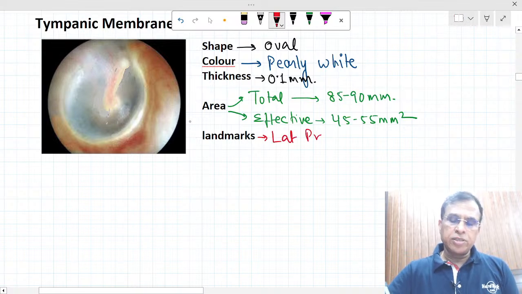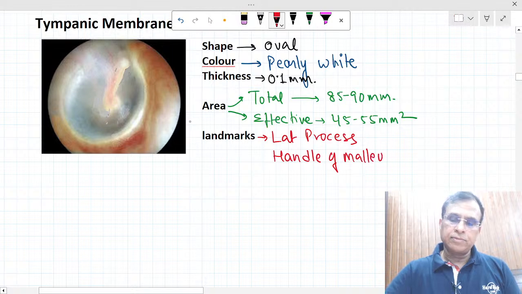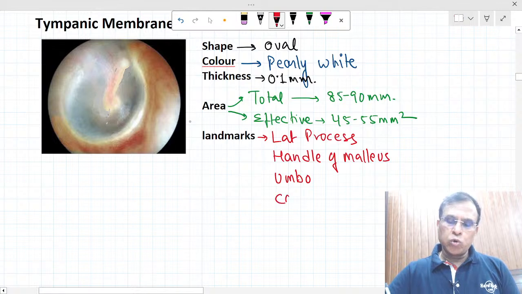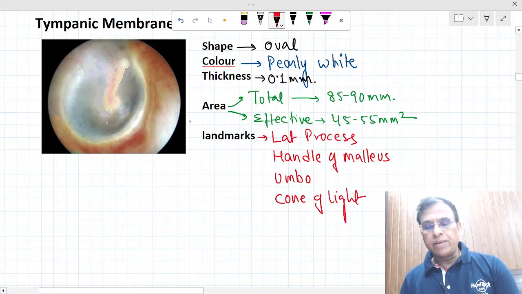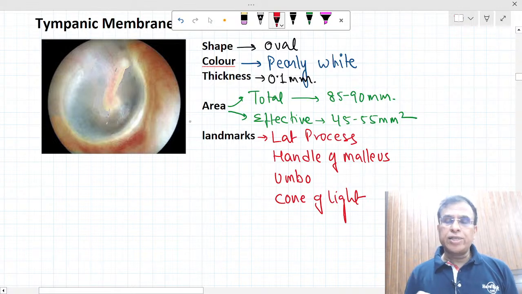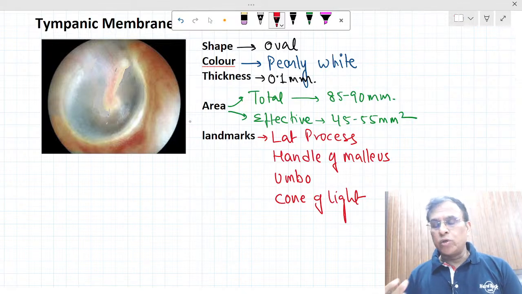One is lateral process, handle of malleus, umbo, and cone of light. These are the 4 landmarks of the tympanic membrane, and these are the points that you should know, but nowadays they don't ask you these things very commonly, but still you should know.